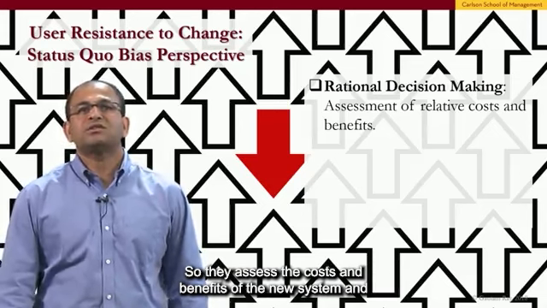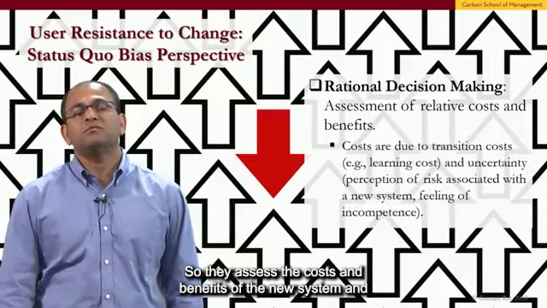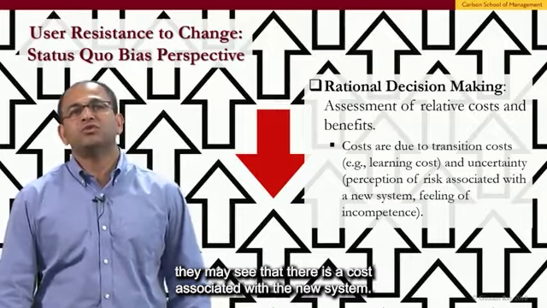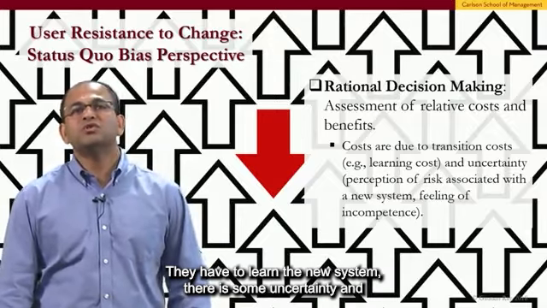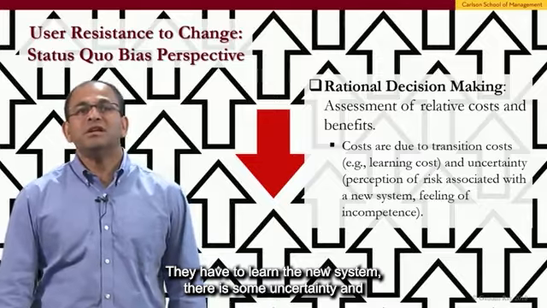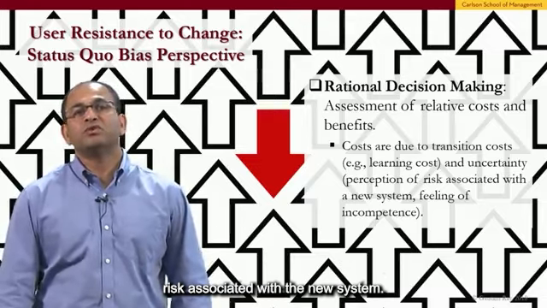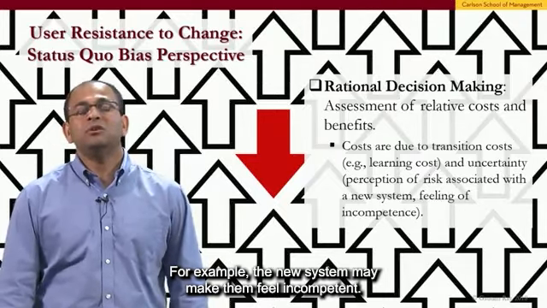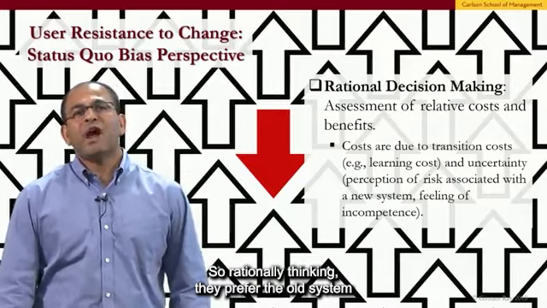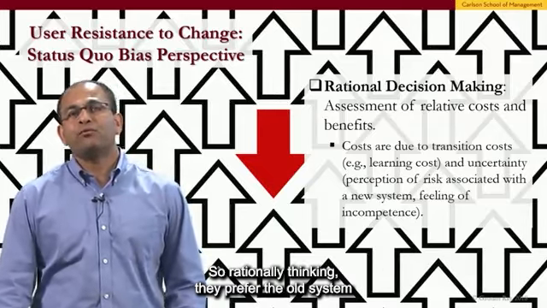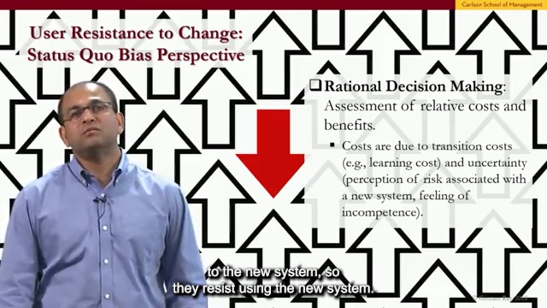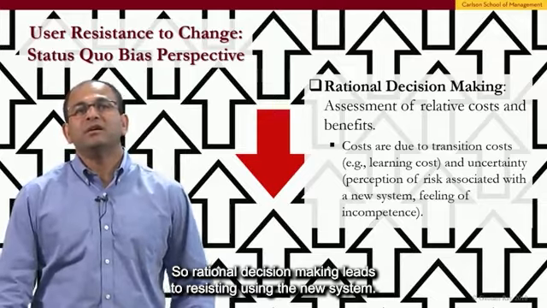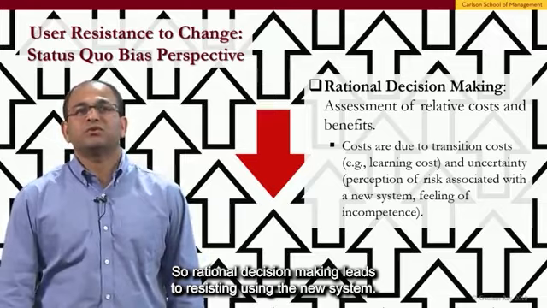So they assess the costs and benefits of the new system, and they may see that there is a cost associated with the new system. They have to learn the new system. There is some uncertainty and risk associated with the new system. For example, the new system may make them feel incompetent. So rationally thinking, they prefer the old system to the new system, so they resist using the new system. So rational decision making leads to resisting using the new system.